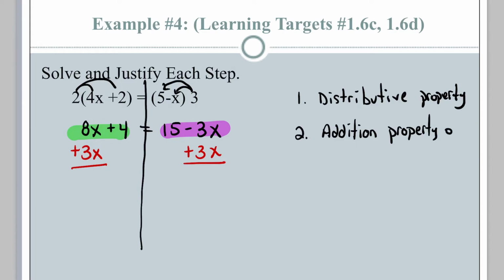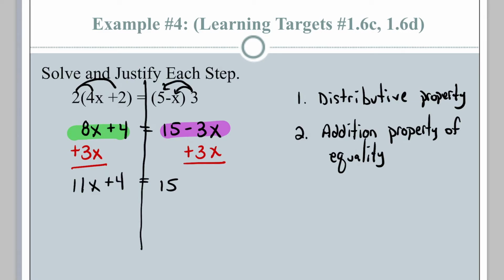And because I went on both sides of the equal sign, it's the addition property of equality. And now combining my like terms, 8x plus 3x is 11x plus 4 equals 15 plus 0, but I do not have to add the 0 in necessarily because of the identity property of addition.